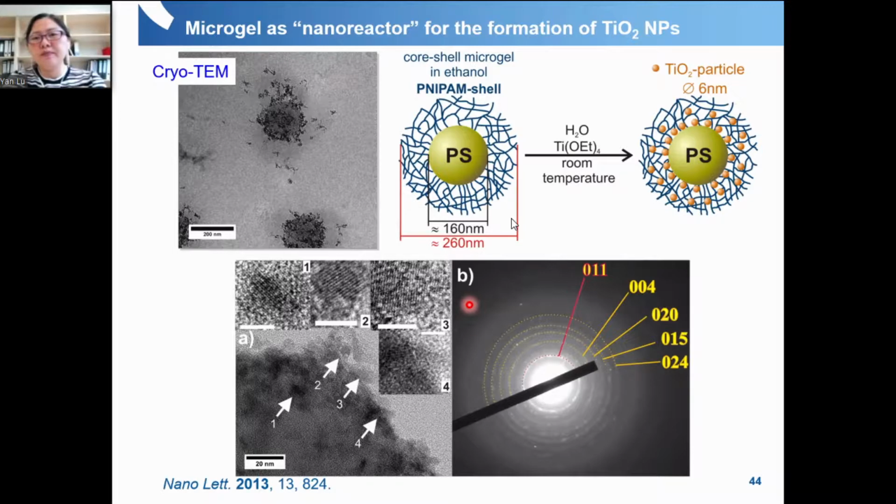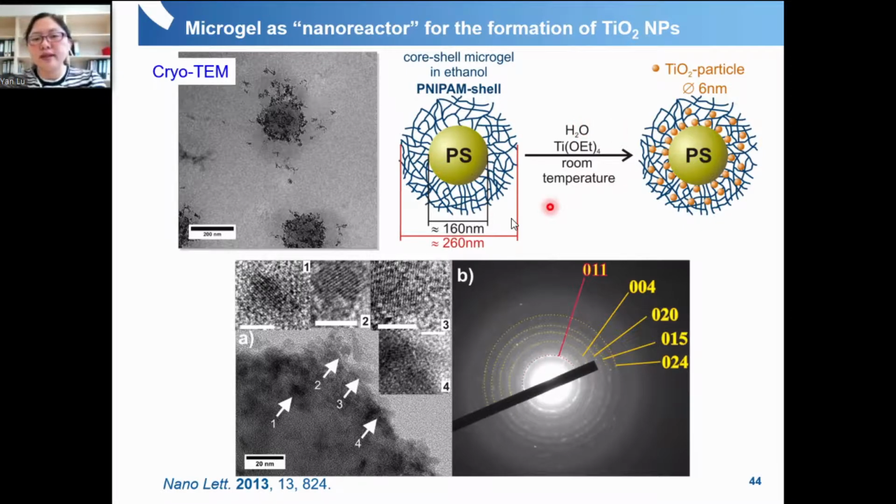Here, one very important thing is that you should control the water amount for the hydrolysis of the titanium dioxide, because if you have too much water, then you lose control of the reaction and you do not have a homogeneous titanium dioxide deposited on the surface. You will have a kind of bulk titanium dioxide, big pieces in your system.